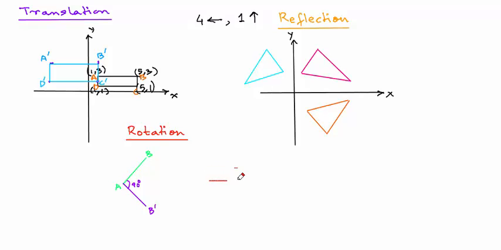Let's say we have a triangle. Let's name the vertices as A, B and C. If we want to rotate this triangle in the counterclockwise direction through an angle of 90 degrees about this point C, that means the point C remains fixed.